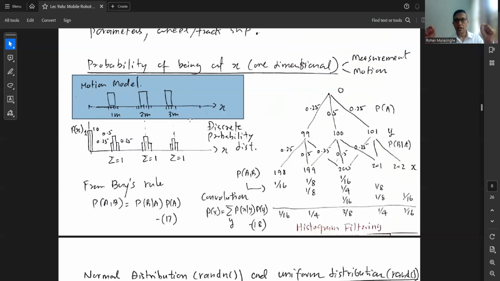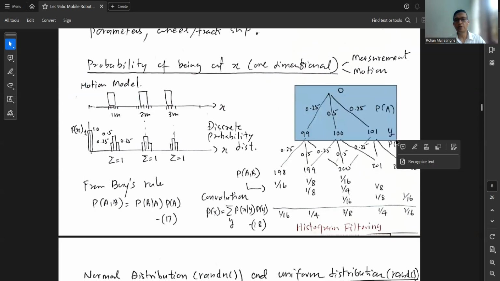Now you can take a ruler and measure the distance. Is it exactly 1 meter? Probably 1 meter, but maybe 99 centimeters or 101 centimeters. So this is what happens if you do that experiment. Okay, we can say there's a 50% probability that your reading when you measure the distance is actually 100 centimeters, but also it can be 99 centimeters with 25% probability, can be 101 centimeters with 25% probability.